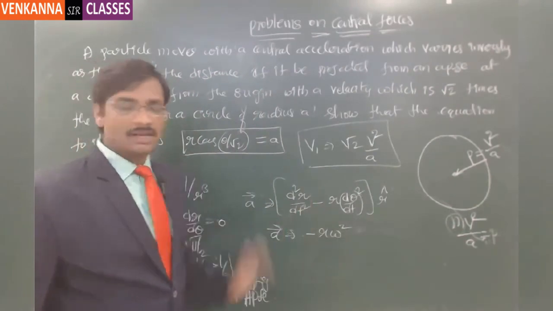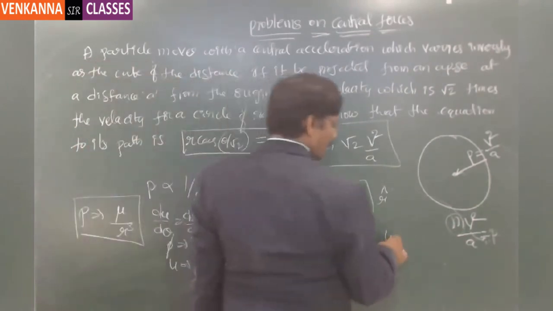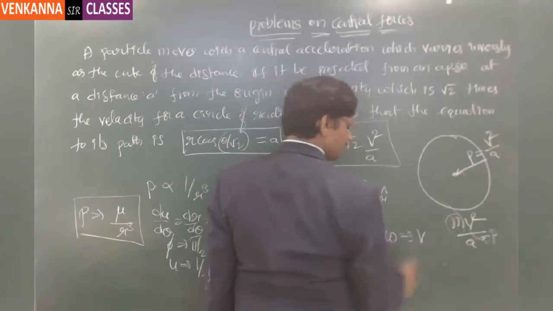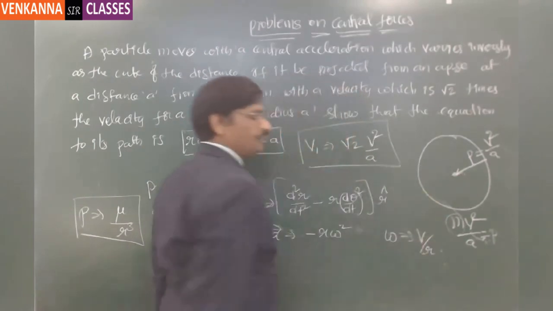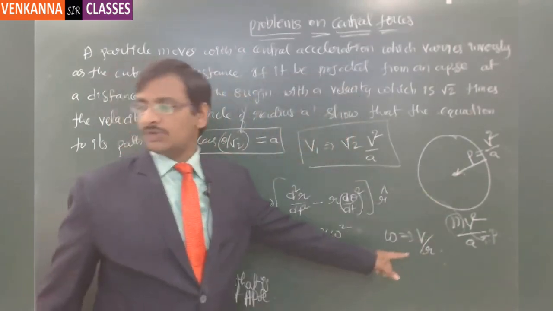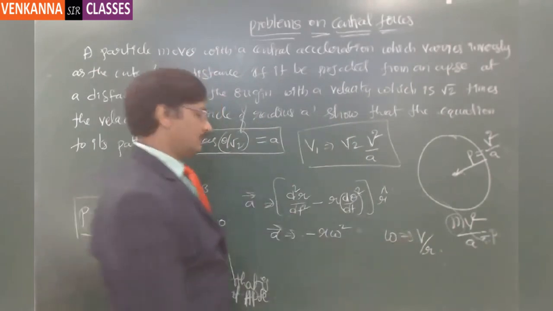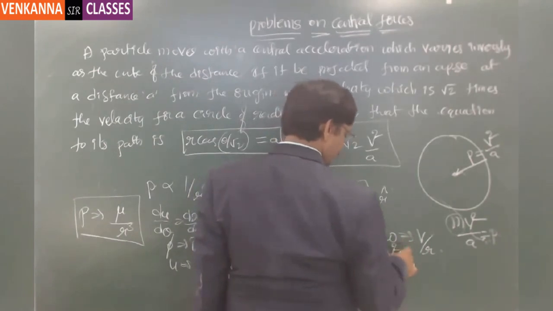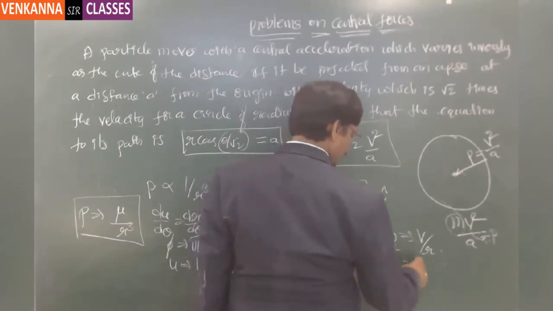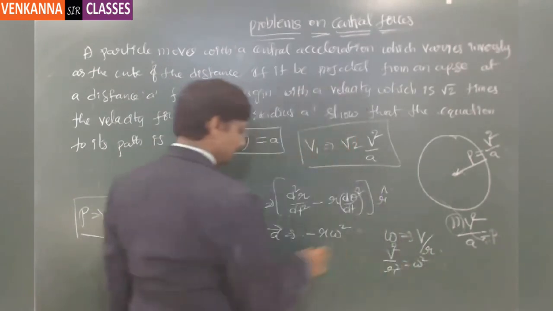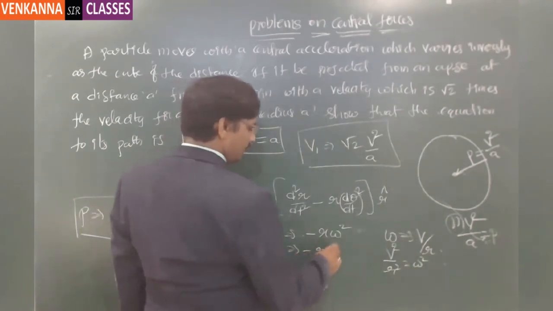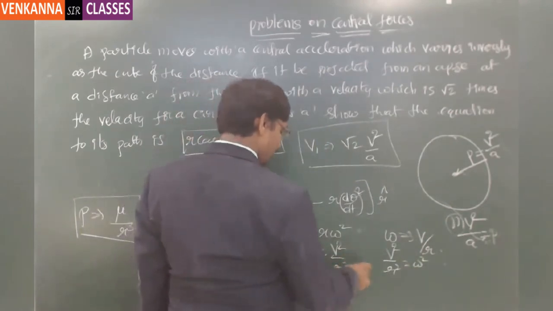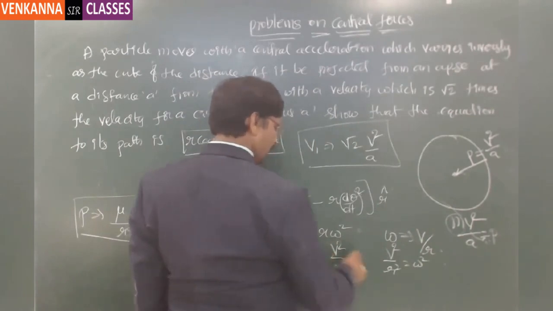And for any circle, the omega and peripheral velocity relation is v by r equal to omega, right? So from the velocity relation, omega square can be written as v square by r square. If you replace it here, minus r times v square by r square, so this r will cancel out.